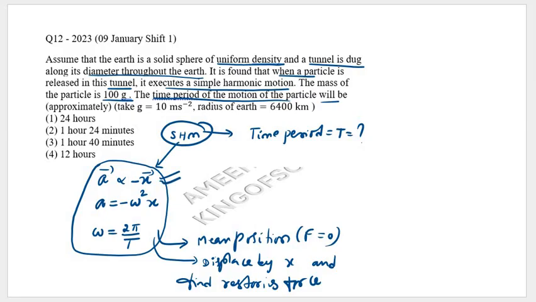Okay, fine. So now I am taking an Earth and making a tunnel along its diameter. So let us say this is Earth, and now let us draw a tunnel along its diameter.